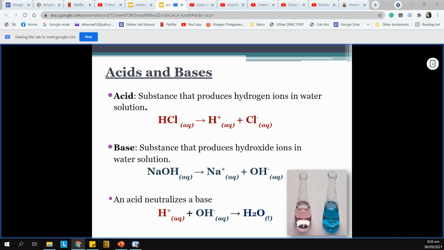Those are usually some of the characteristics of acids and bases. Very good, thank you. Okay, so let's go now to the next one. Wait lang guys.